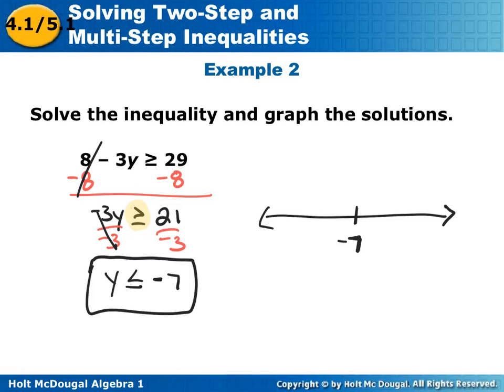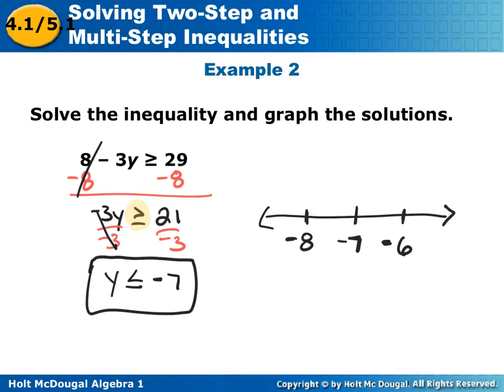So that means on the left-hand side, I don't put -6, but I put -8 because that is further away from 0. And then on the right-hand side, I'm getting closer to 0, so it would be -6.